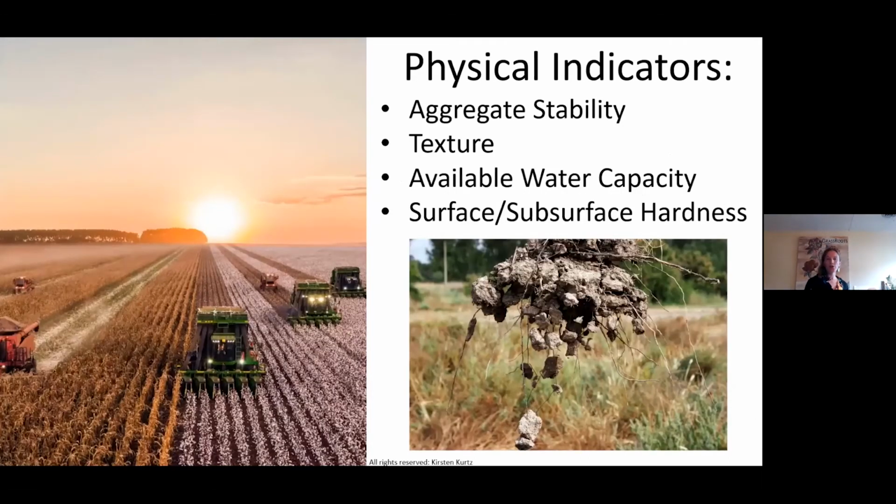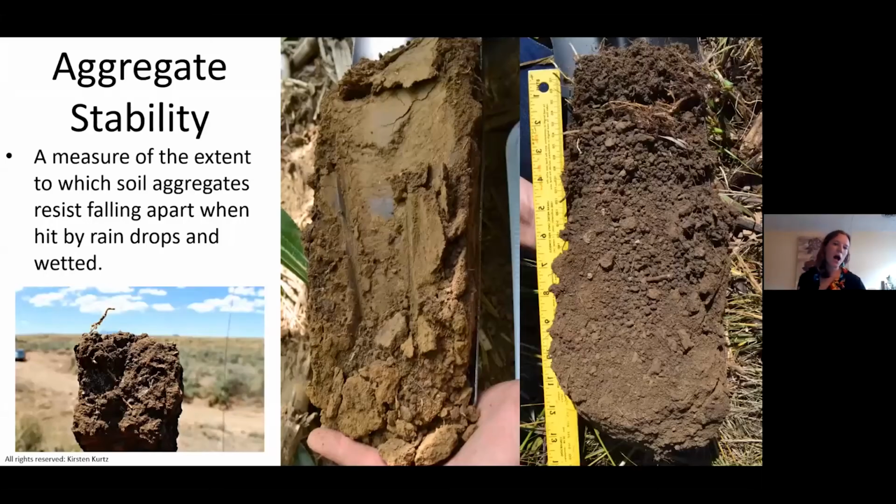All right, so then we also look at a suite of physical indicators as listed here on the screen. The first I'll start with is aggregate stability, and we learned quite a bit about aggregates today. But again, aggregates are really those crumbs of soil that you can see here in the soil sample all the way on the right-hand side of your screen. These two soil samples were actually taken at my research plots in Nebraska.